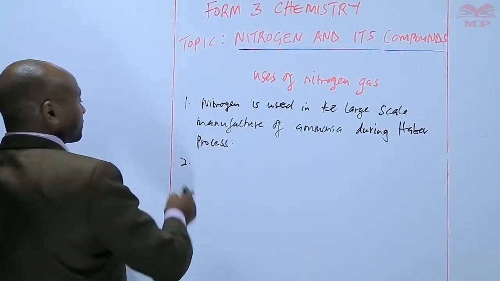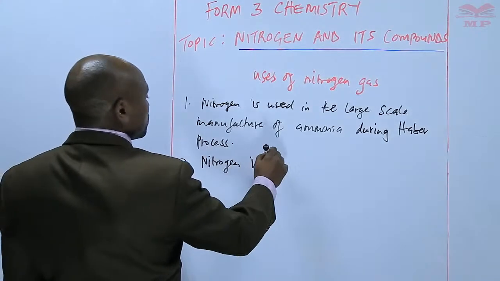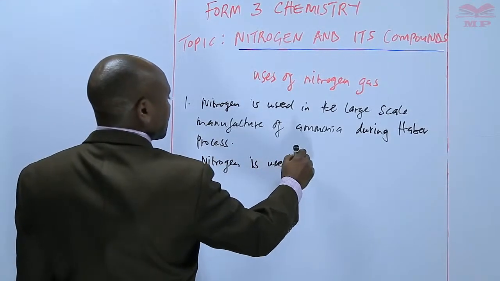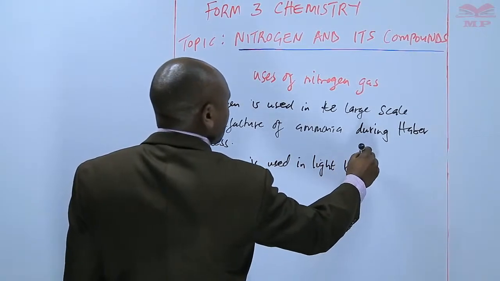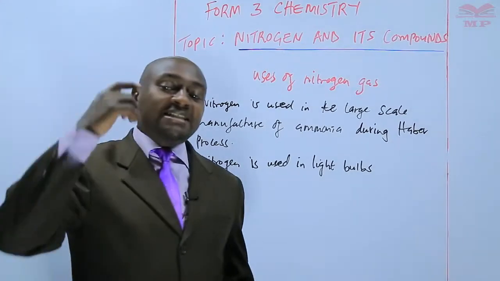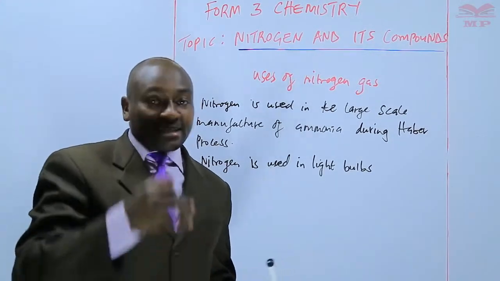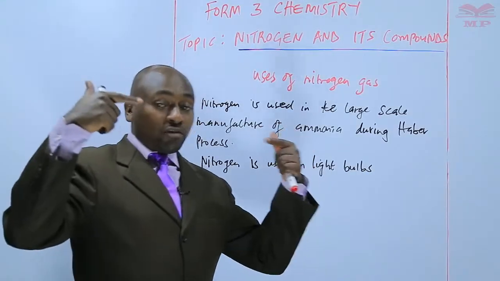2, nitrogen is used in light bulbs, the bulbs that we commonly use, due to its inert nature. It is inert. It doesn't oxidize the filaments of the bulb.